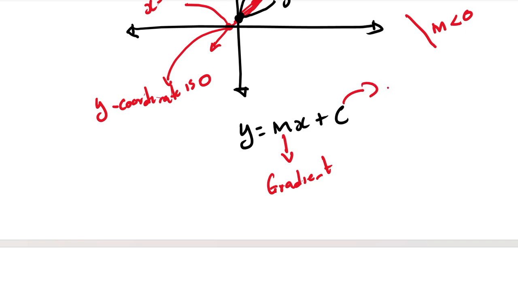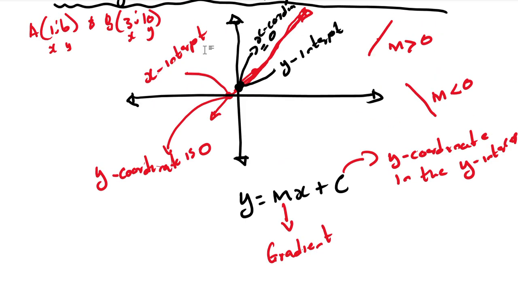It is for the y coordinate in the y-intercept. When I say the y coordinate in the y-intercept, you look at where your graph intersects with your y-axis at this point.